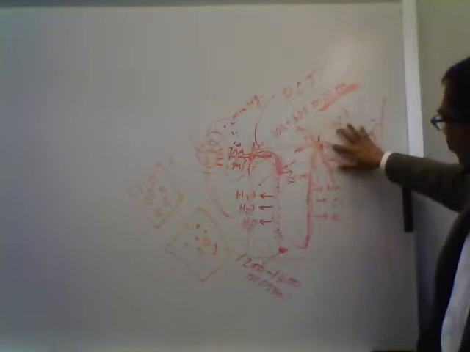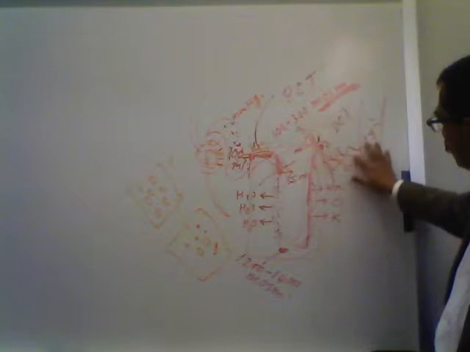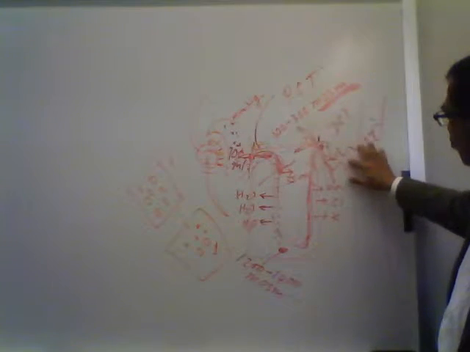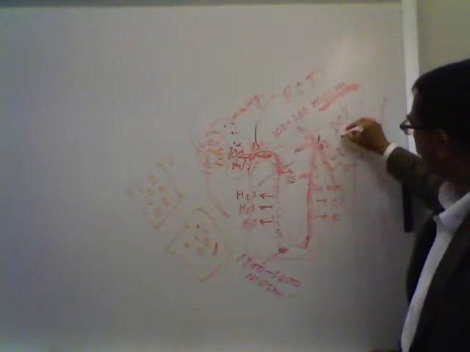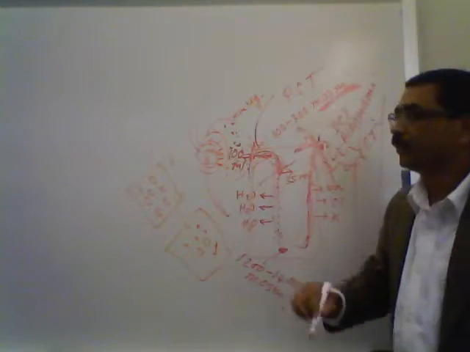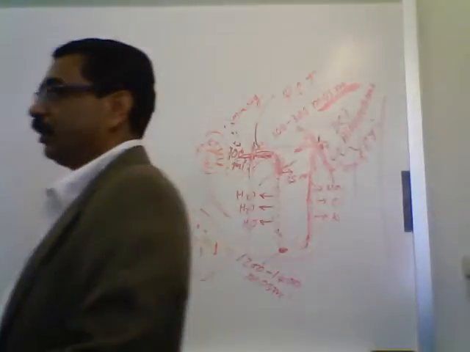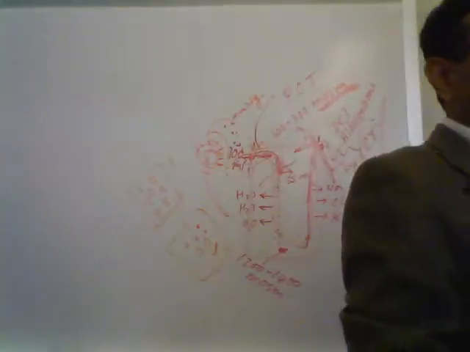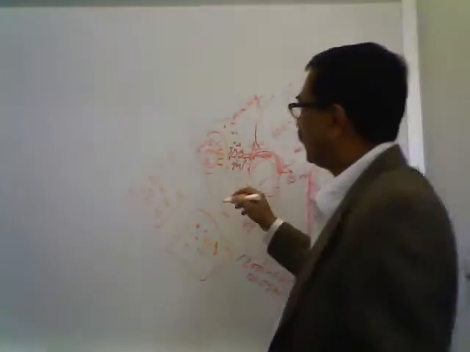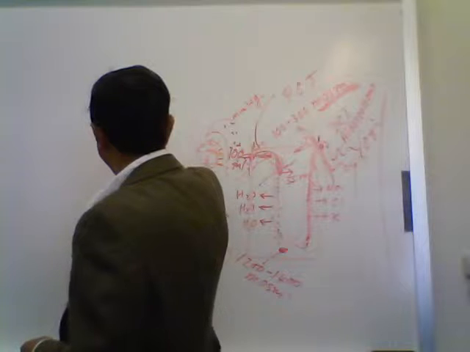In the distal convoluted tubule, which hormone works? Aldosterone. So, in the distal convoluted tubule, mainly the aldosterone hormone works. Aldosterone comes from the adrenal cortex.